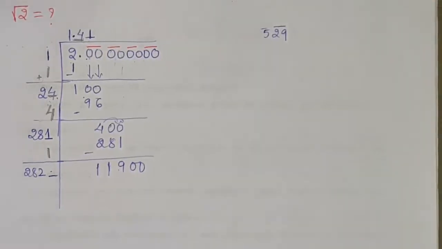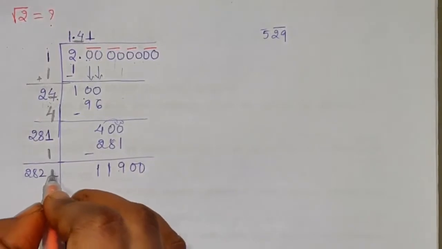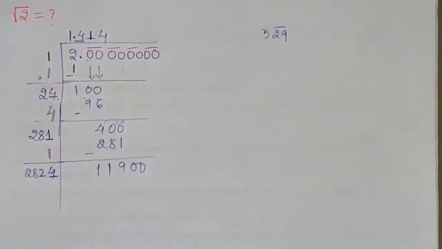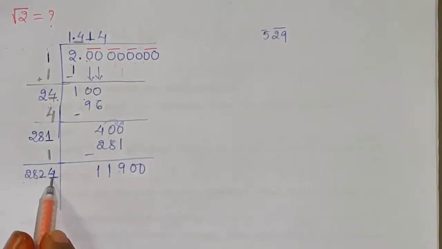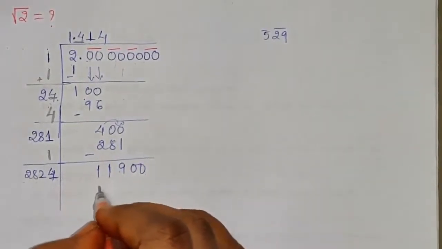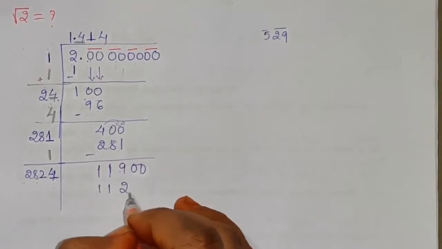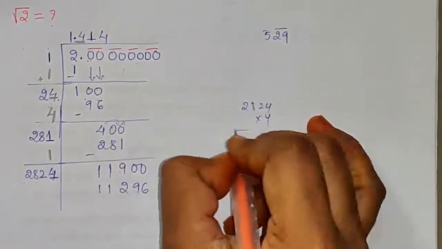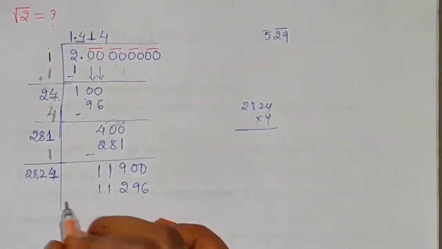So I am taking 4 here. Here also 4. 2824 into 4. How much you will get? 11296. 2824 into 4. You will have the result, this one.